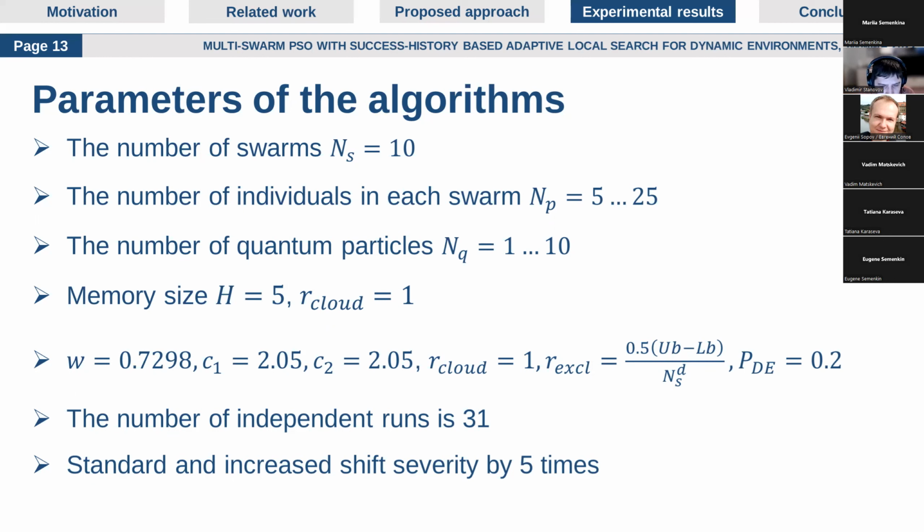Memory size was 5, and we made 31 independent runs. Also, we tried to change the shift severity by 5 times to see if the algorithm is able to adapt to this change.